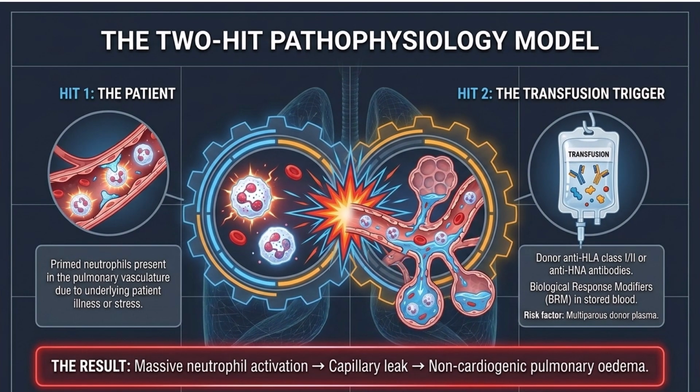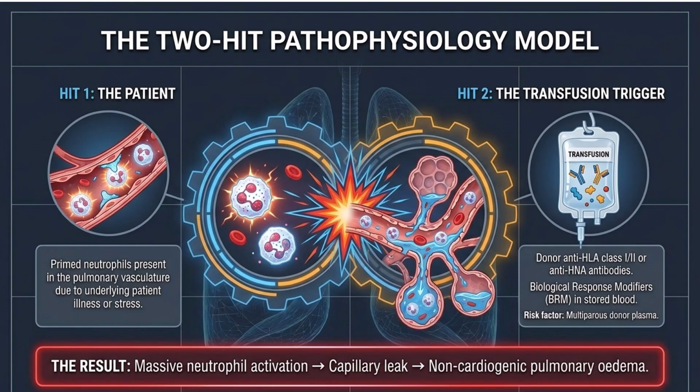The mechanism behind TRALI. There is a two-hit model which is important pathophysiology for TRALI. Hit one is the predisposing condition of the patient. The first hit is provided by the patient's underlying condition: the critically ill patient, post-surgical patient, those with sepsis or pneumonia have primed neutrophils that are sequestered in the pulmonary microvasculature.